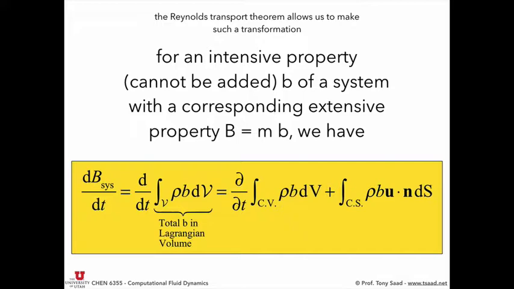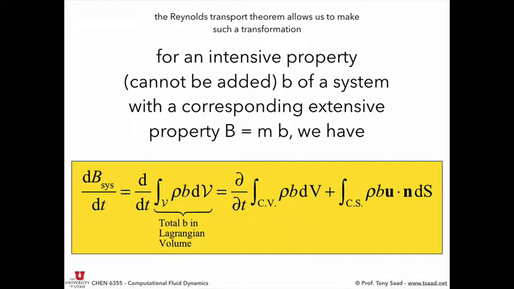So if you take this entire room or this entire building, the air is going to have the same density, more or less, right? So density is an intensive property. But mass is not, because the mass of air in this room is much smaller than the mass of air in this entire building, right? So in other words, intensive properties are properties per unit mass, okay? So for intensive property, lowercase b, of a system, with a corresponding extensive property, capital B, given by mass times b, we have the following for the Reynolds transport theorem.